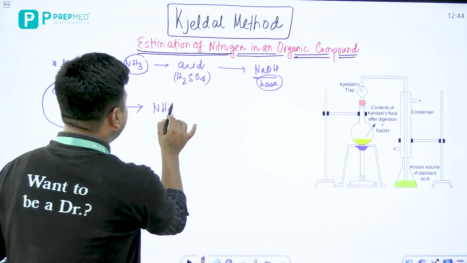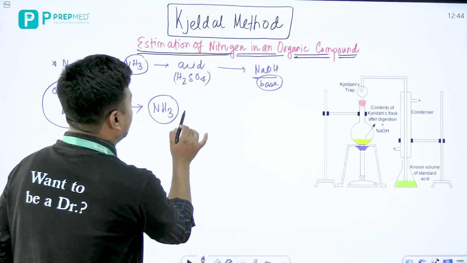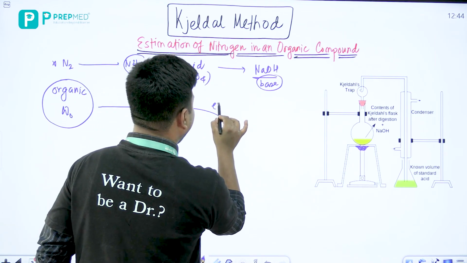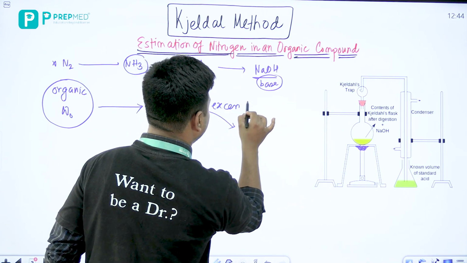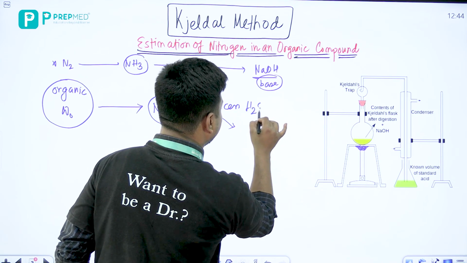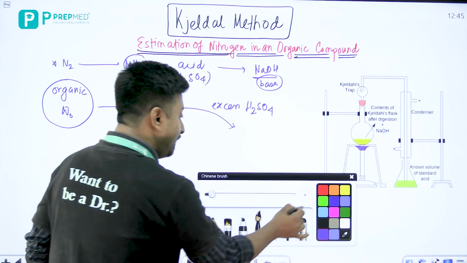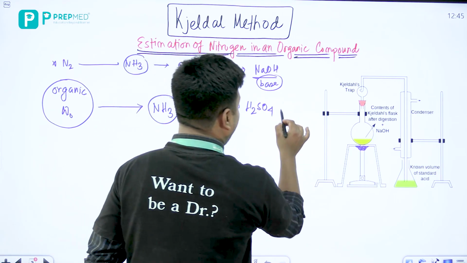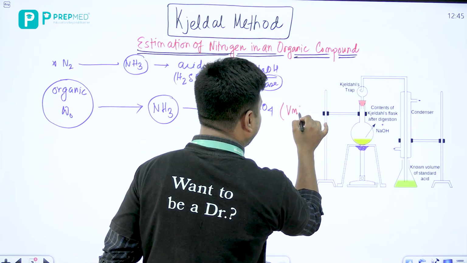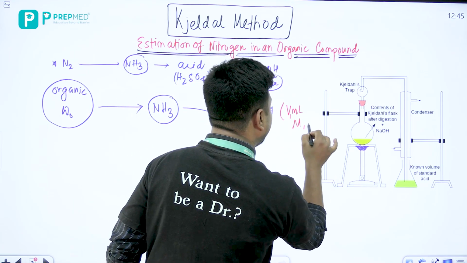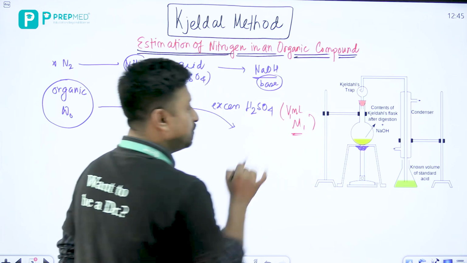Now this particular amount of ammonia, we titrate against an excess amount of sulfuric acid. We know how much volume of sulfuric acid we have taken, and what the strength of the sulfuric acid is.